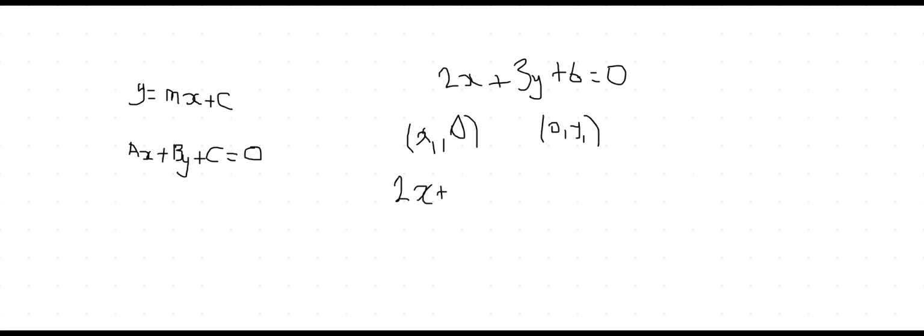We put 0, plus 6 is equal to 0. Then we know that whenever anything multiplies with 0, the answer is 0. So 3 multiplied by 0 is just 0. It remains 2x plus 6.